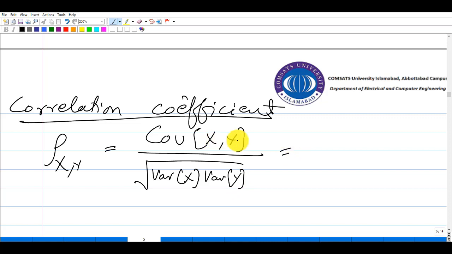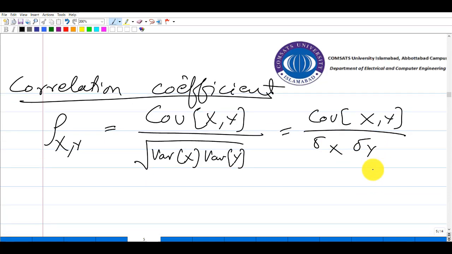Obviously covariance will have squared units, and variance also has squared units, so the squared units will cancel out with the square root, and cancel with the units of covariance of xy. So we can write it as covariance of xy over sigma x sigma y, the standard deviations. This is a unitless, dimensionless quantity that is not affected by scale change.